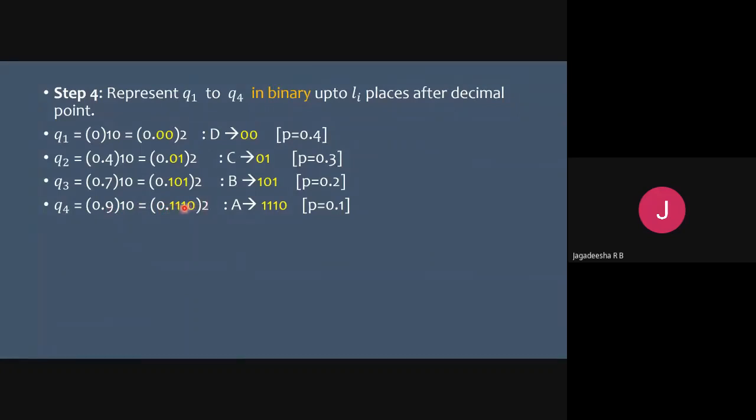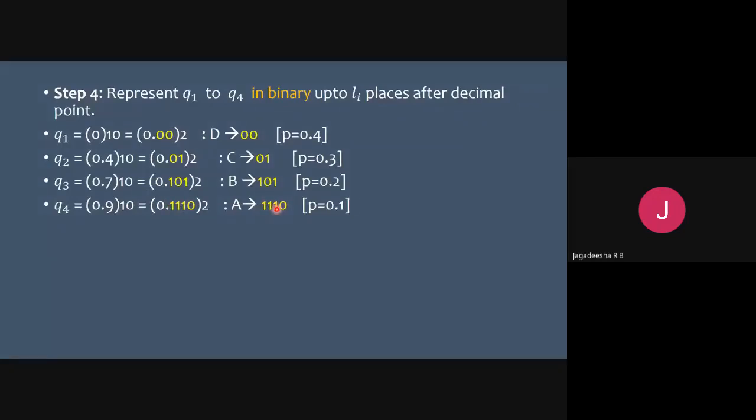But I'm limiting this to 4 bits here after the decimal point because L4 was 4. So only 4 bits in binary. L4 corresponds to what? Symbol A. So A's code is 1110. That is what is here, yellow color. I have just copied here.